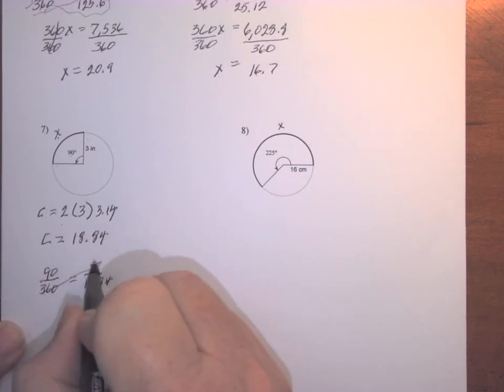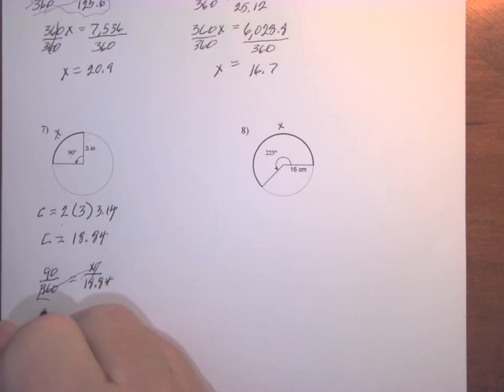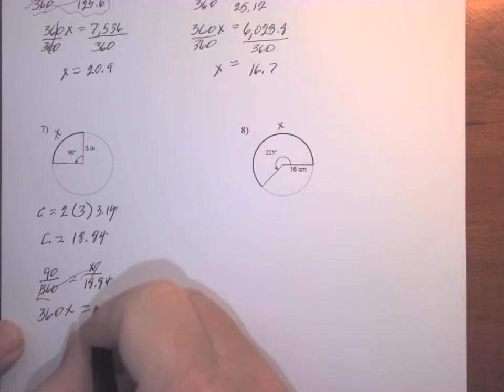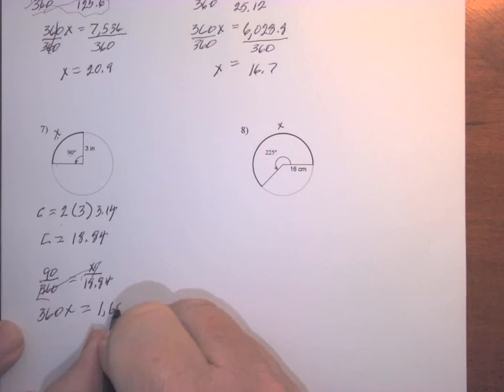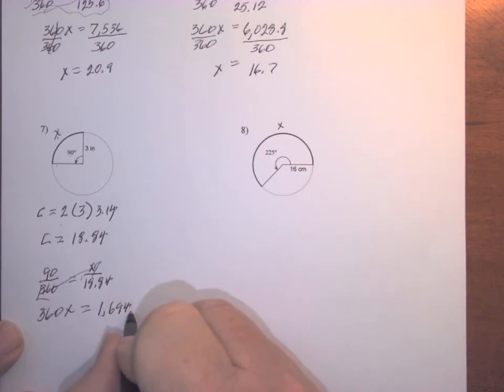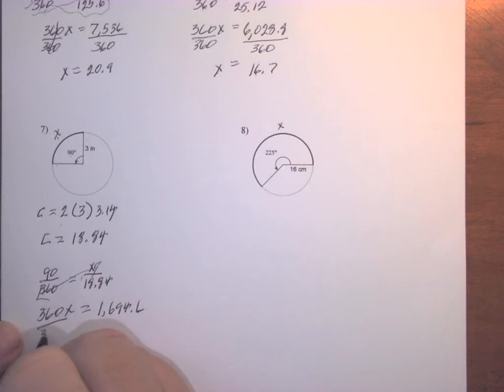Okay, let's cross multiply here, and we get 360x is equal to, big number, 1,694.6. We divide by 360 on both sides.